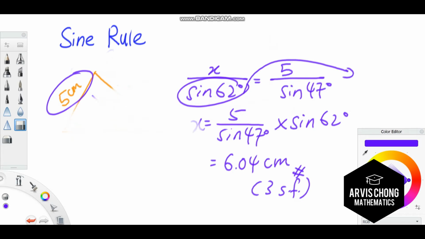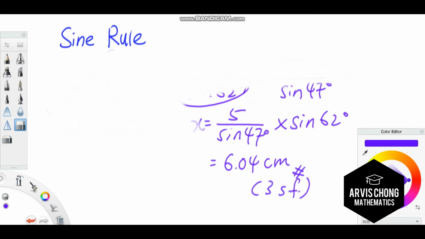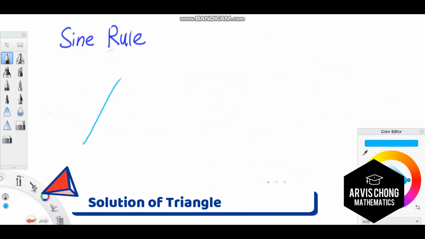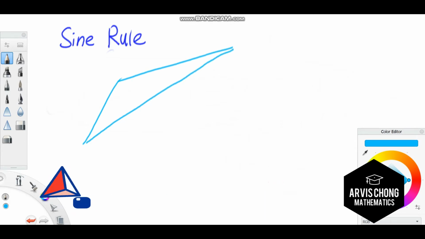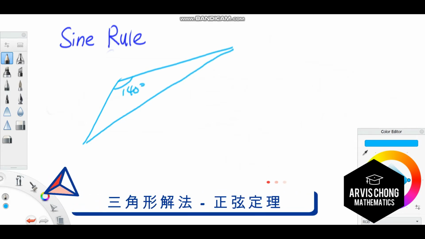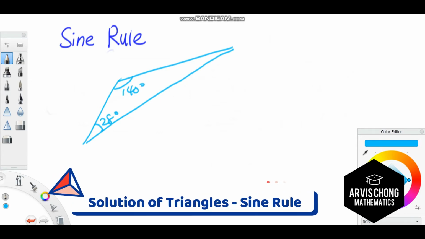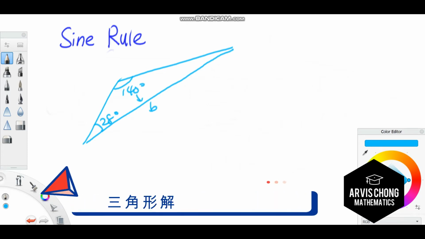What if we have this kind of question? We have a triangle here. Let's say here is 140 degrees and here is 28 degrees, and the length opposite the 140 degree angle is b. Meanwhile, the length opposite the angle 28 degrees is 17 centimeters.